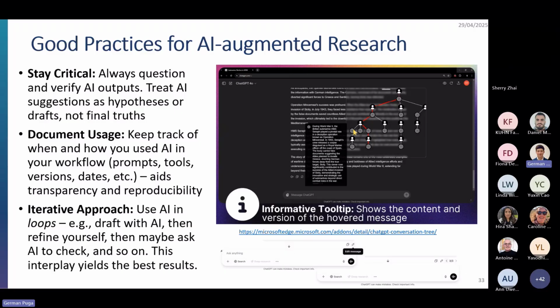I ask the model to regenerate, and I get the arrows below the model's response, a new part of the tree, and I can go back and forth however I like. This particular plugin here helps you visualize that. I haven't actually tested it, but I generally just try and keep track of the tree in my head, which can get hard, but this is a way to visualize that if you like as well.